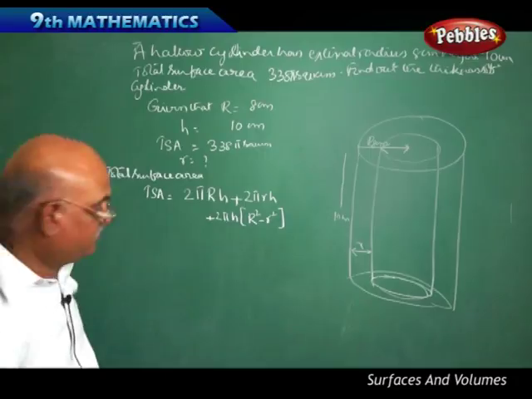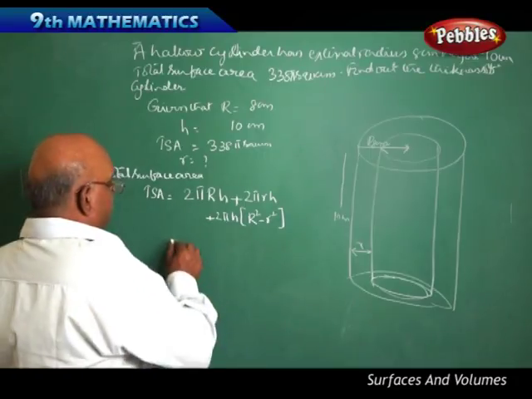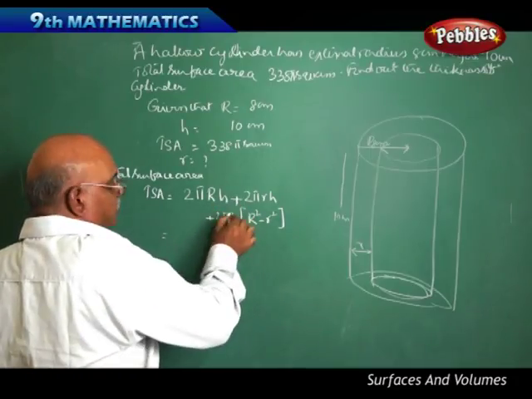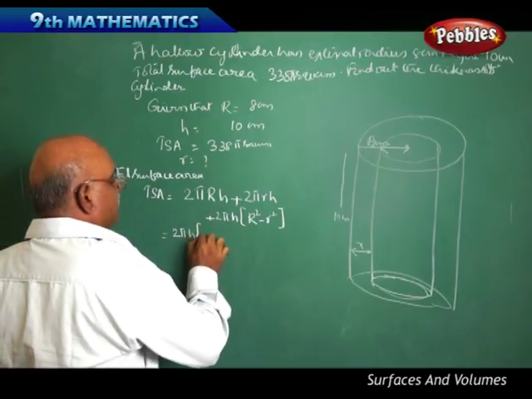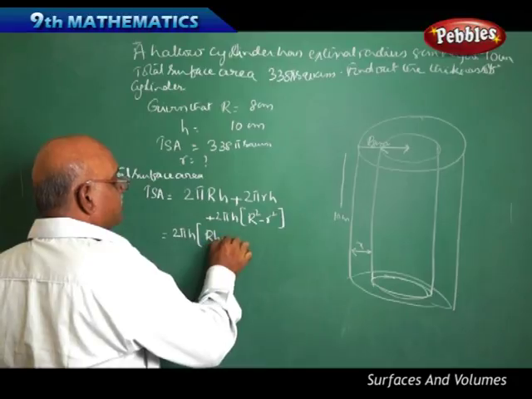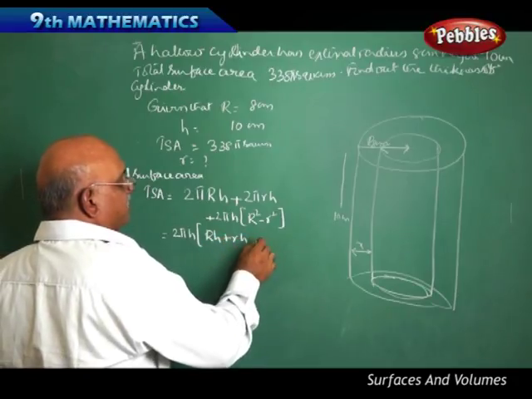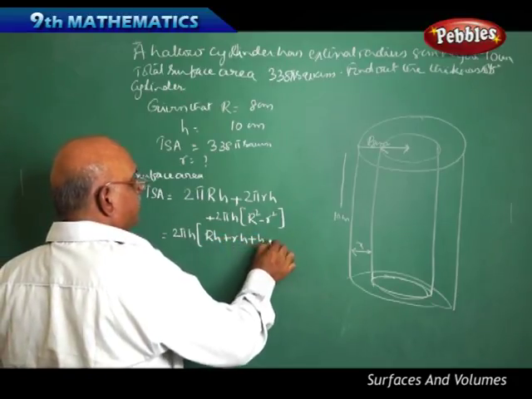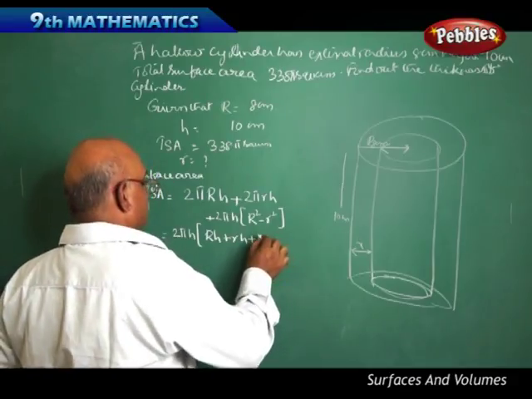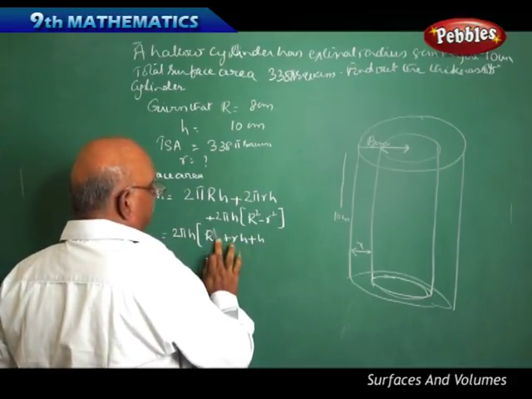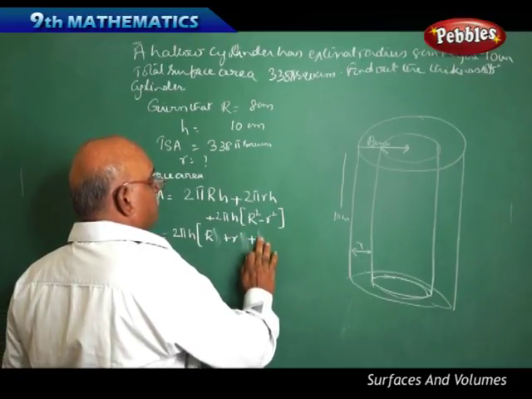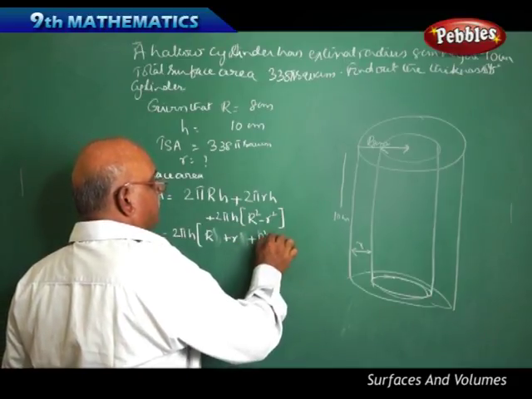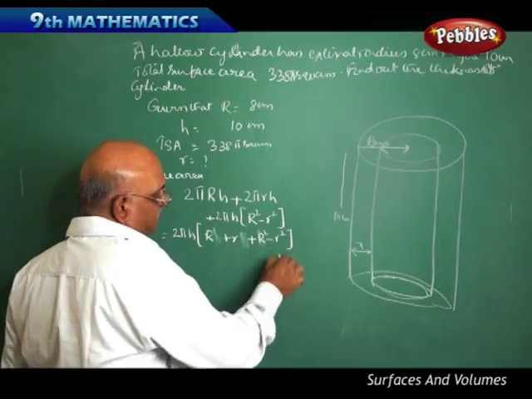Now you can write this like this. If I take 2 pi h as common factor, then we get capital R plus small r plus, h is already taken as common factor so there is no need to worry for that, plus capital R square minus small r square.